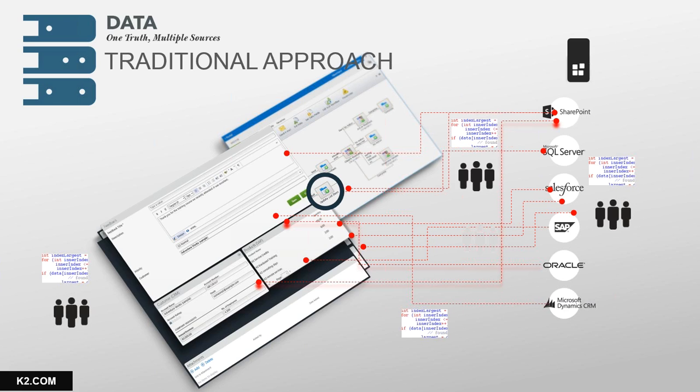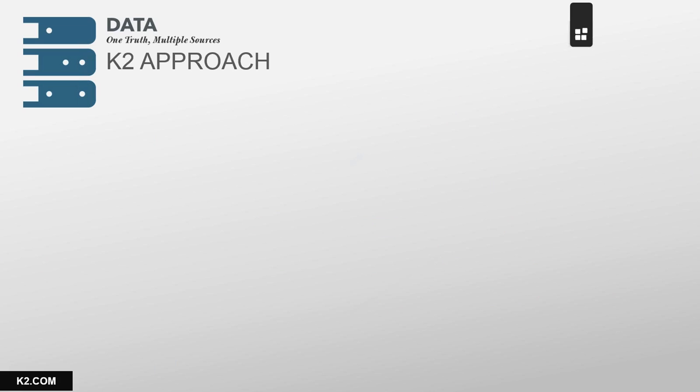In doing that, you need to have skill sets in order to create the front end applications. You need skill set to understand the middle layer, the integration code that you would write, and you need to have skill set to understand each back end system that you're integrating to. So it creates a lot of overhead, it creates a lot of maintenance, overload on your business applications as well.